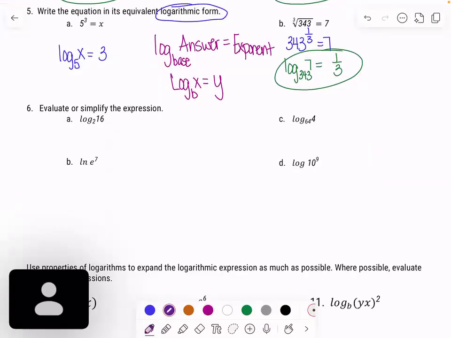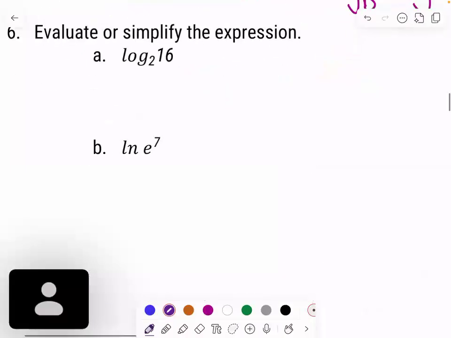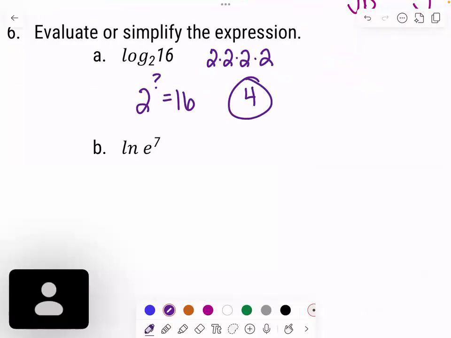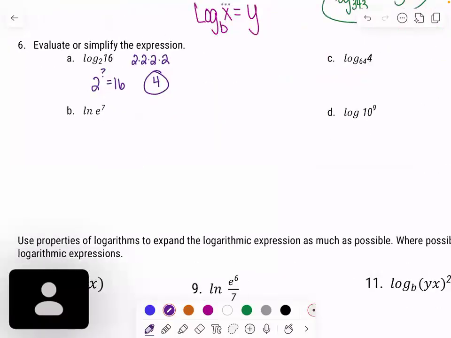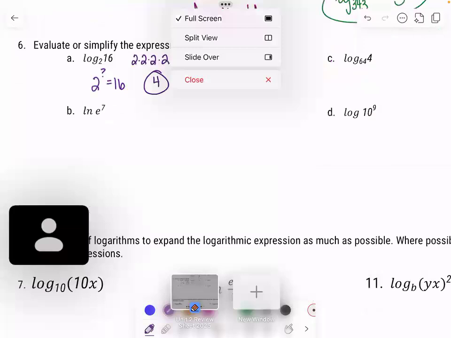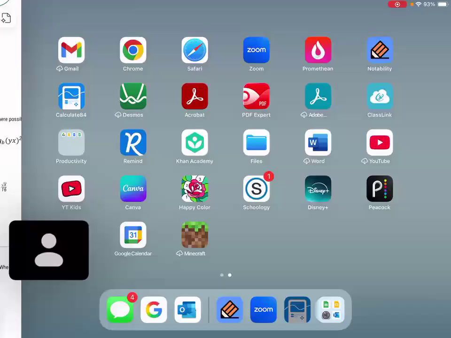If you can do these in your head, great. If not, you can use the magic button in the calculator. So for part A here, I know this is really asking me 2 to what power is 16? So I can do 2 times 2 is 4, times 2 is 8, times 2 is 16, so 4. If you don't want to do that in your head, then you can use the magic button on the calculator.